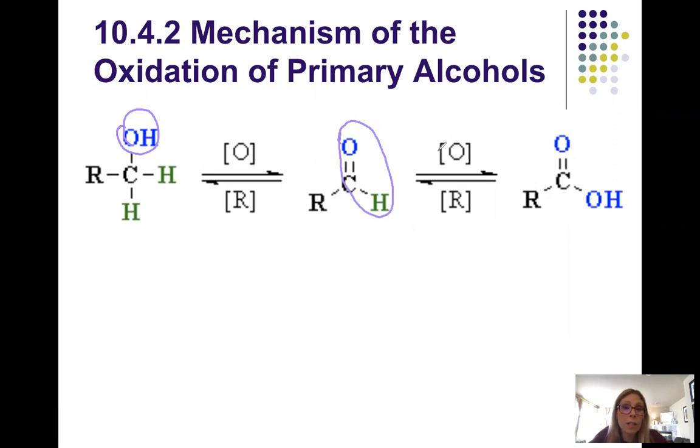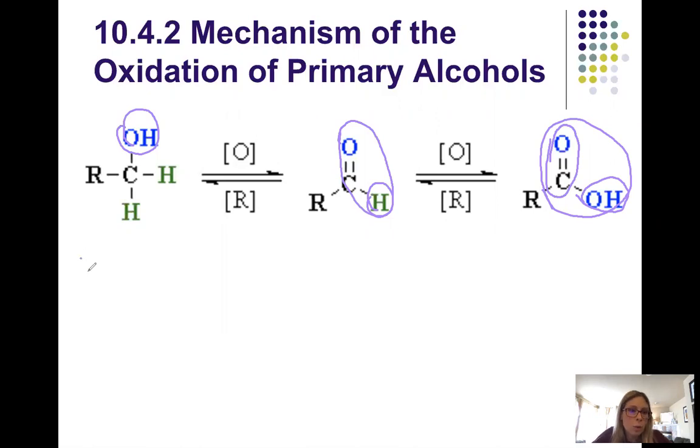Now, if we continue that process and oxidize it even more, you're going to notice that this group stays, but down here, what used to be just a hydrogen is going to get converted into a hydroxyl group, and this whole thing together actually is our carboxyl group.